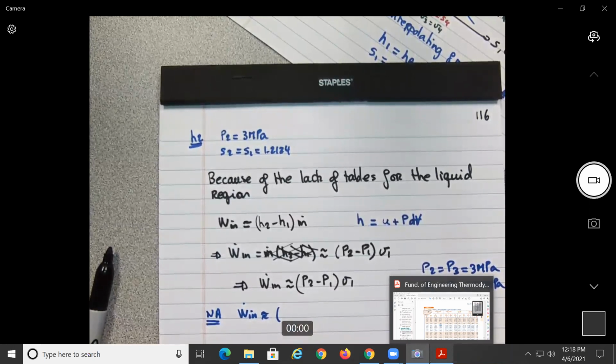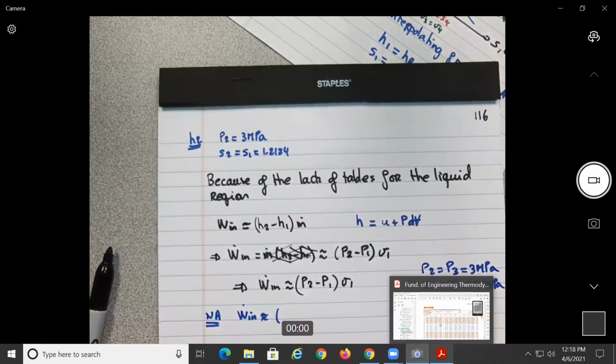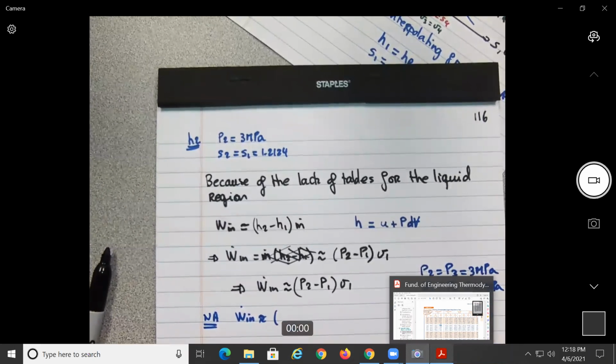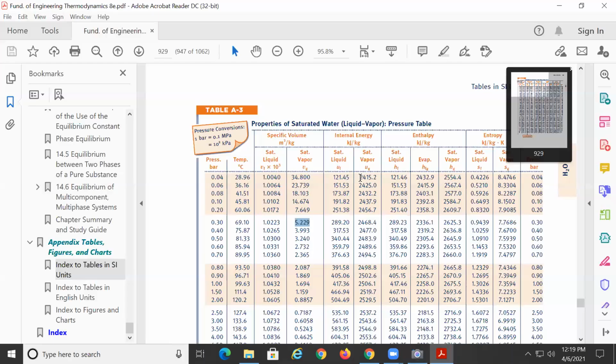Okay, so 3 megapascals, how many kilopascals would that be? Let's look at the unit transformation. 1 bar is 10 to the 3 kilopascals.